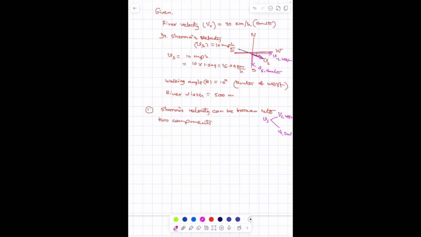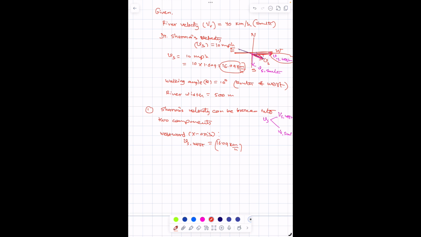Now let's find the westward component. Westward is the x-axis. This velocity is Vs west, which is equal to 16.09 kilometers per hour, and this component gives the cosine of theta.